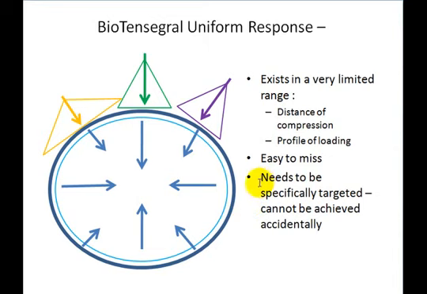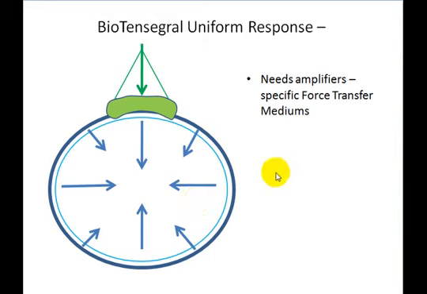So that's the essential message which one has to understand about the bite-integral uniform loading and response. It needs to be specifically targeted. It cannot be achieved accidentally just by any sort of response. Plus, there is another thing.